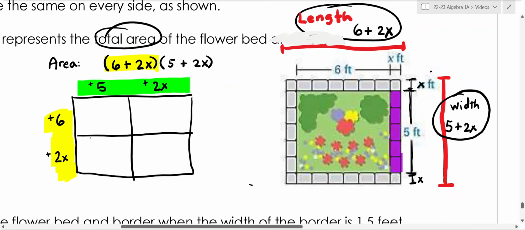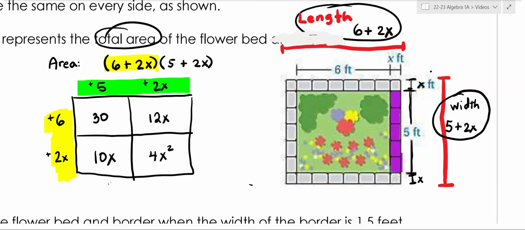Let's go. Okay, so now let's continue. 6 times 5 is going to give us 30. 6 times 2x is going to give us 12x. 2x times 5 is going to give us 10x. And 2x times 2x, remember we're multiplying, 4x squared.